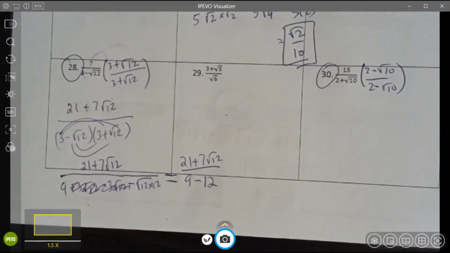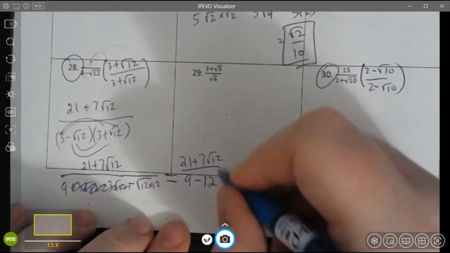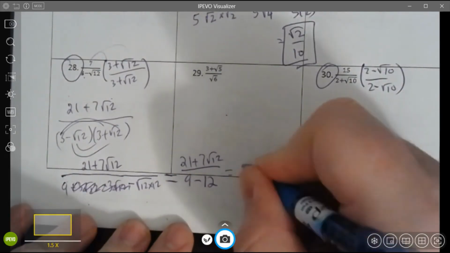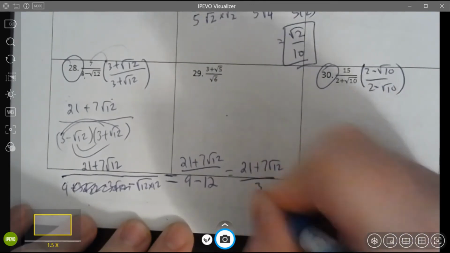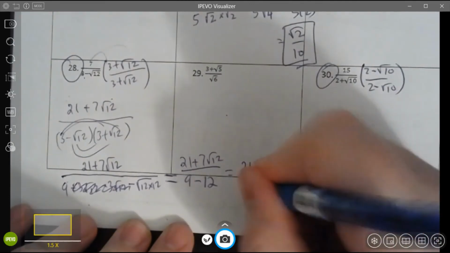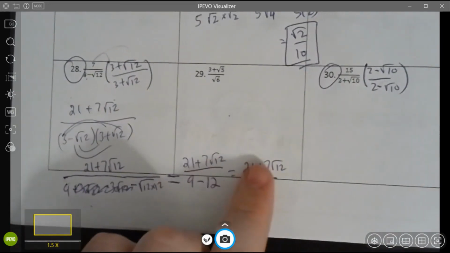One last thing before we call this fully done. Let's say this is 21 plus 7 square root of 12 over 3 minus 12, which is negative 3. The one last thing we're going to want to do is reduce the square root of 12.